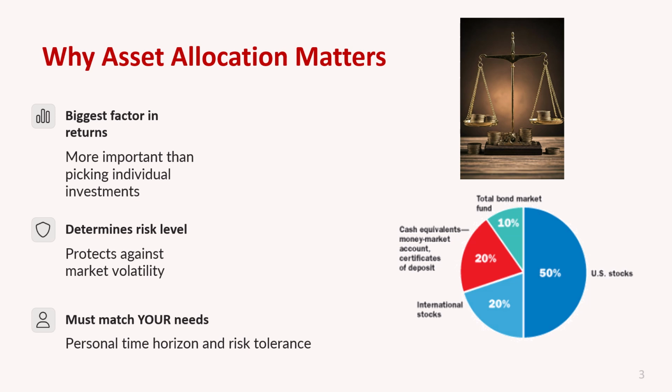How you divide your money among asset classes is more impactful for your long-term success than trying to choose the absolute best individual investments. The goal is to match this allocation to your specific situation. Your time horizon, how long until you need the money, and your risk tolerance, how comfortable you are with the ups and downs of the market.